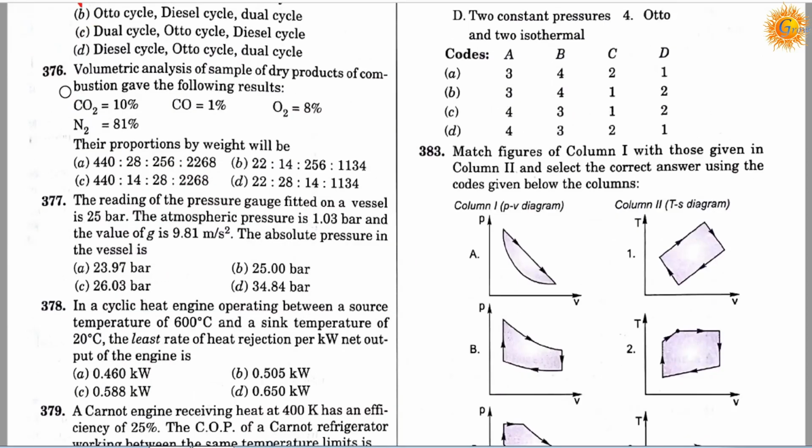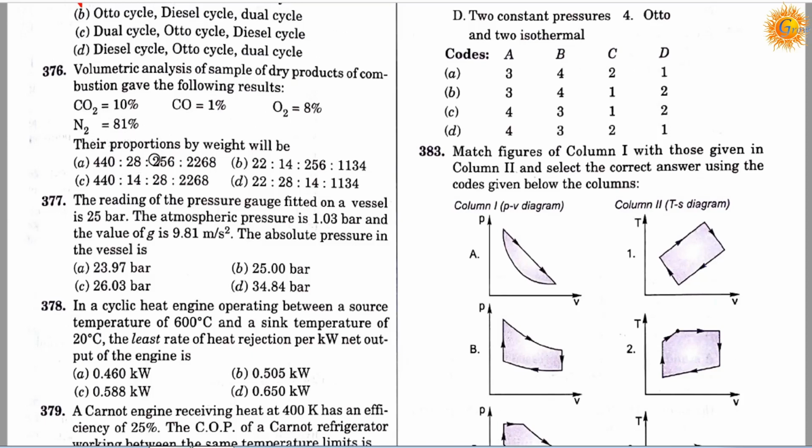Question number 376. Volumetric analysis of a sample of dry product of combustion gave the following results, in which CO2 is 10%, CO will be 1%, O2 8%, and N2 will be 81%.